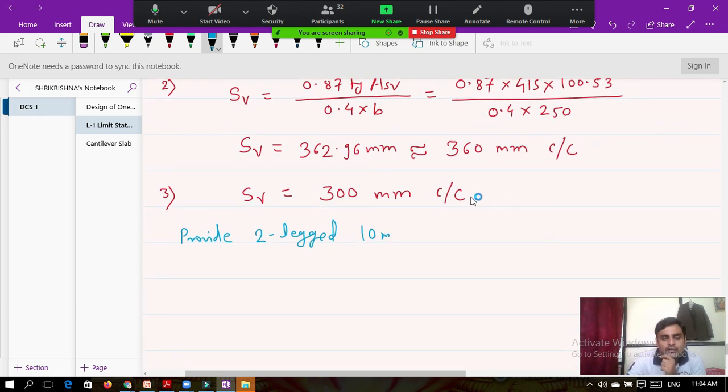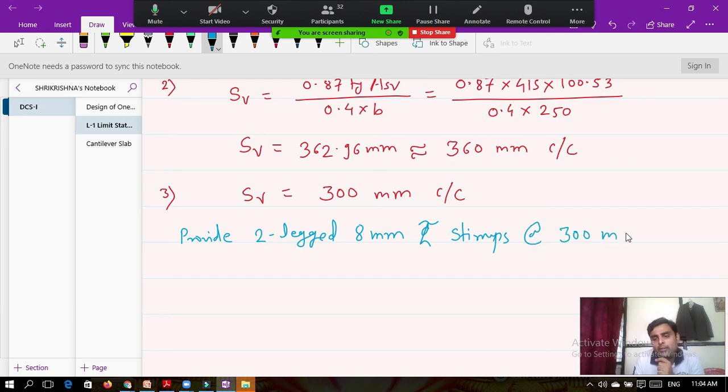So provide two-legged 8 mm diameter stirrups at about 300 mm center to center. So this is the design of stirrup. Okay, this is the shear reinforcement design.